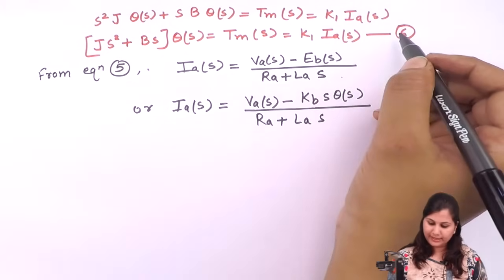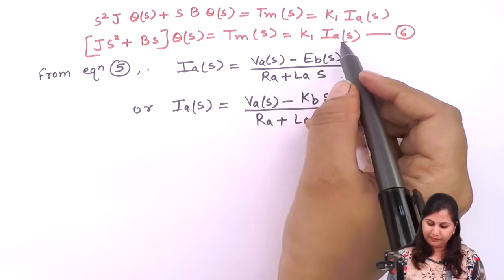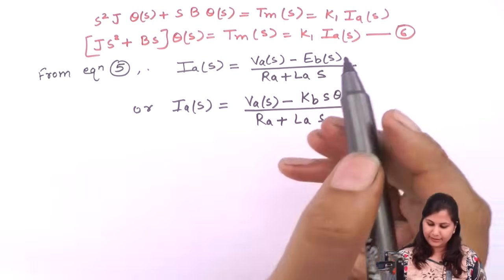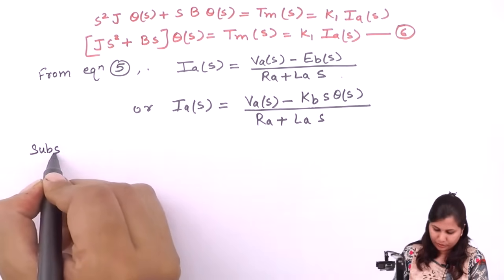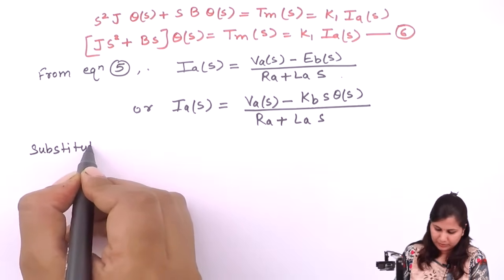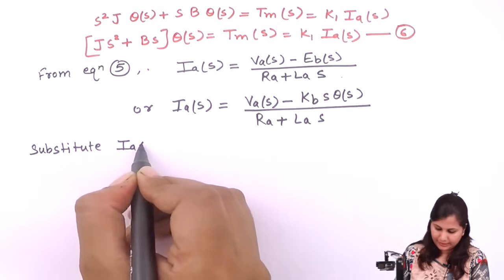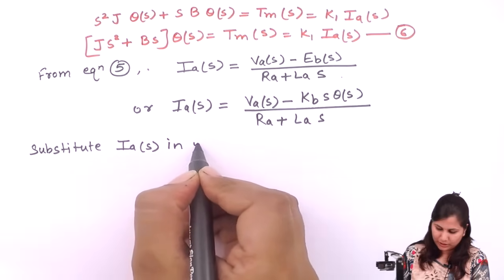Now we have this sixth equation. Putting the value of IAS in this equation, we substitute IAS in equation 6.